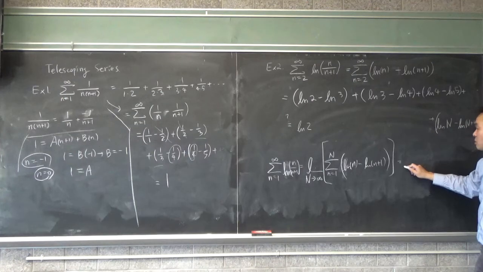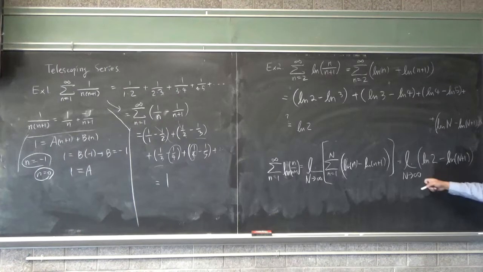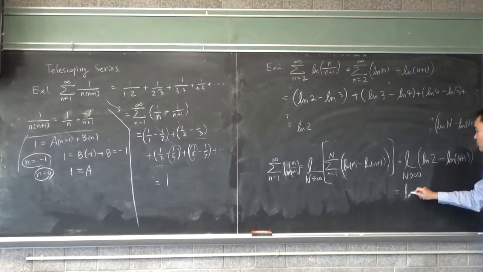So this would actually be the limit as N goes to infinity of ln of 2, the very first one will survive, minus ln of capital N plus 1. And when N goes to infinity, what is ln of infinity? That's infinity. So this is really ln of 2 minus infinity, which is negative infinity.